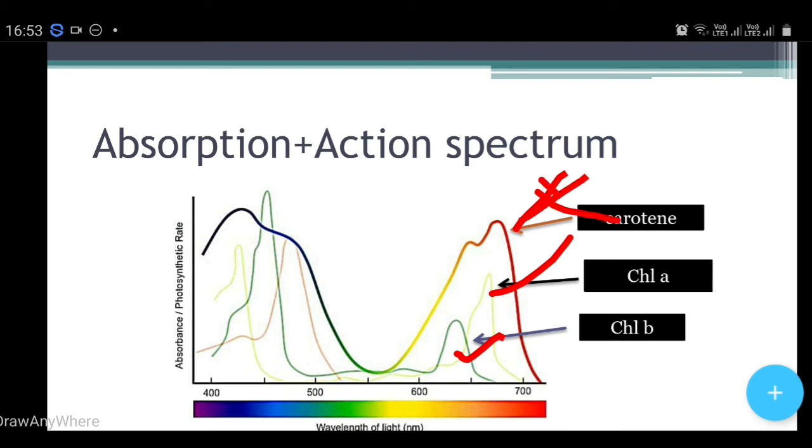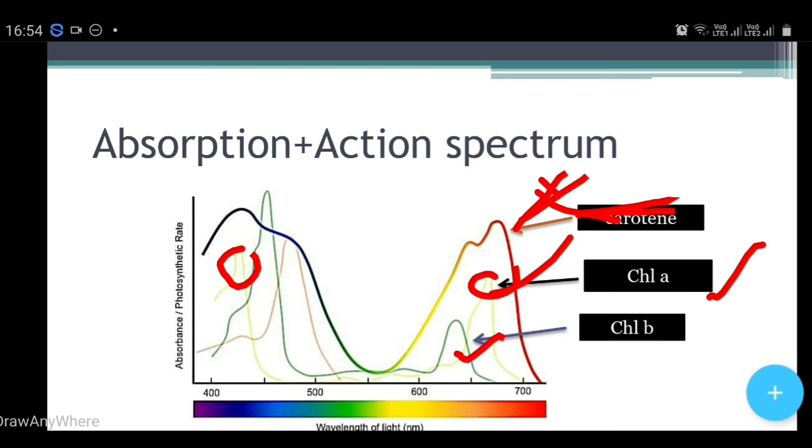So if you observe, chlorophyll A and chlorophyll B show peaks near the violet and red region. But a high amount of action was observed for the chlorophyll A molecule, here and here.